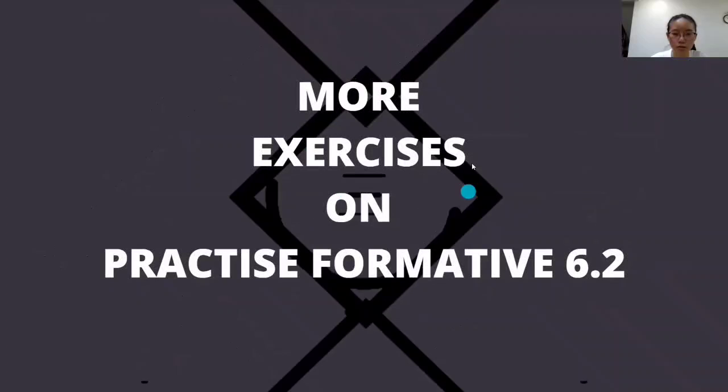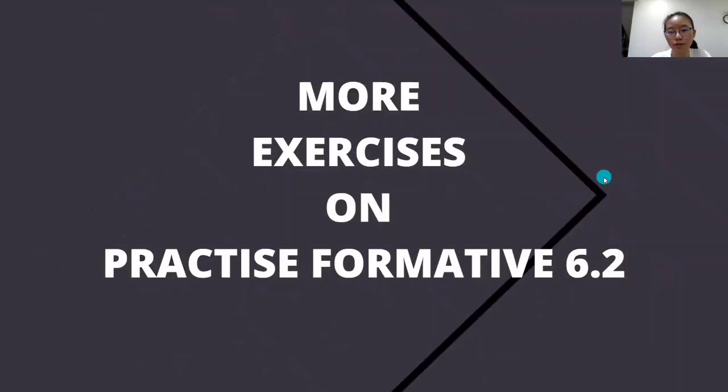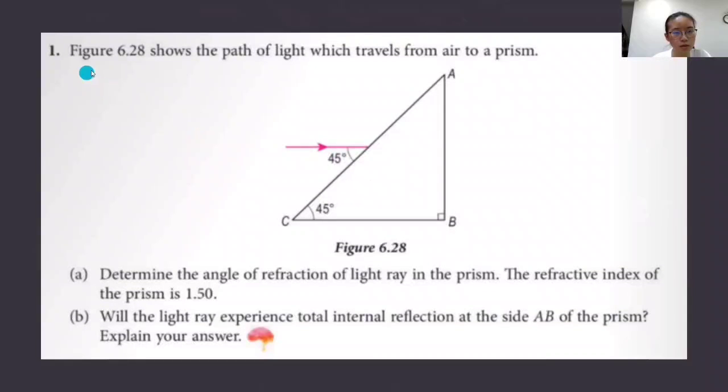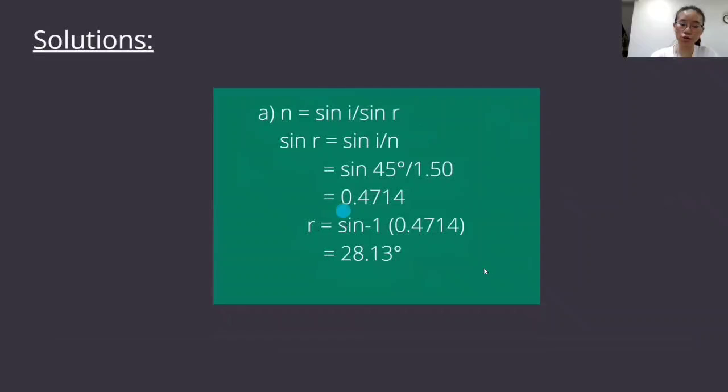Okay, let's do more exercises on Formative Practice 6.2. Figure 6.28 shows the path of light which travels from air to a prism. Determine the angle of refraction of the light ray in the prism. The refractive index of the prism is 1.50. Okay, look at the solutions.